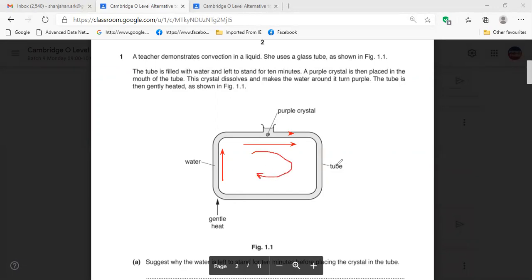If someone is showing it this way, that is also accepted. Is it clear to you? Yes, sir. So anywhere you give the arrow in the diagram, it should be in correct order. Then you will get the mark here.